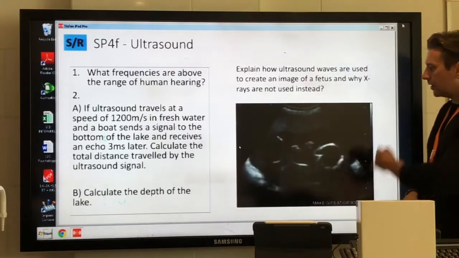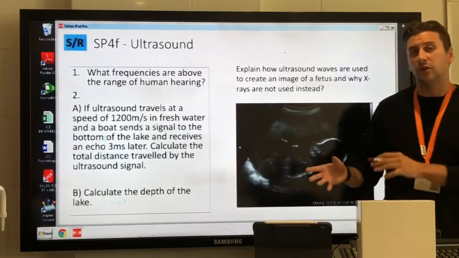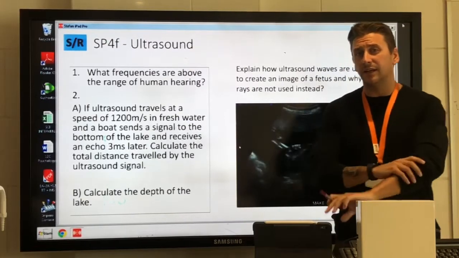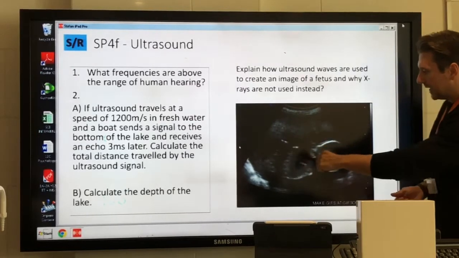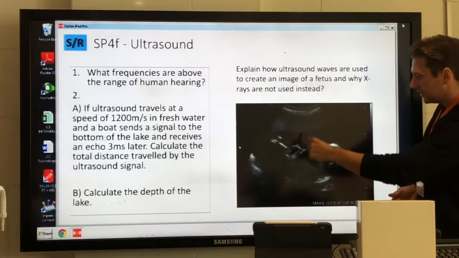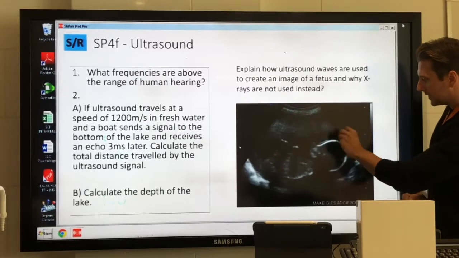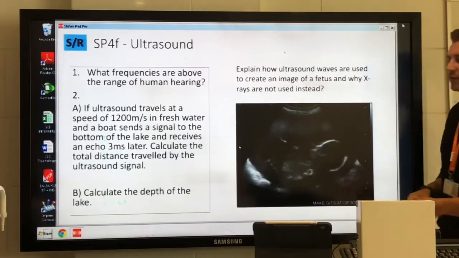Now, just to explain this fetal scan in a little bit more detail, because there are questions, especially in the worksheet, where you need a little bit more of an understanding of what's going on in ultrasound. You can clearly see an outline of a fetus inside a woman's womb, and you have those areas of white, so there's really bright areas that kind of give you that outline shape of the fetus inside.